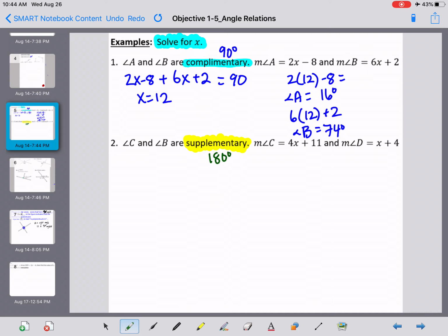So angle C and angle D are supplementary. The measure of angle C equals 4x plus 11, and the measure of angle D equals x plus 4. So now I'm going to say 4x plus 11 plus the other, I got a typo.